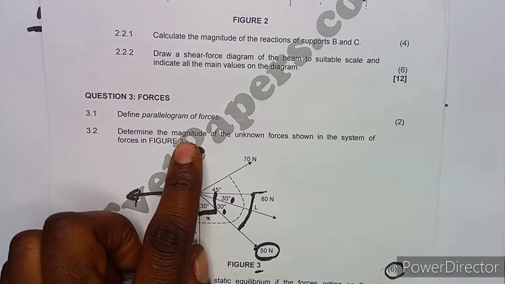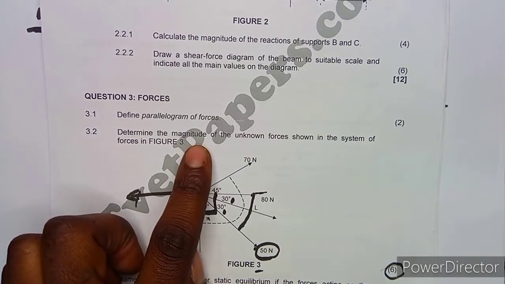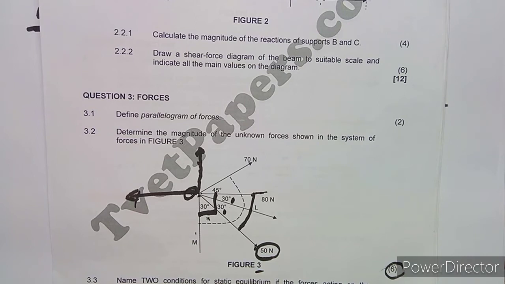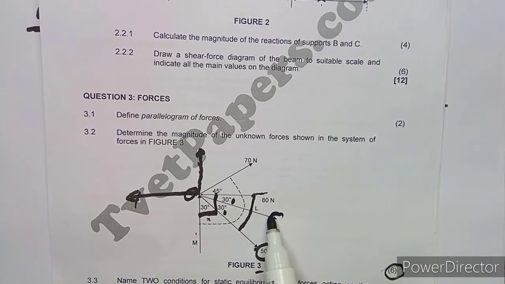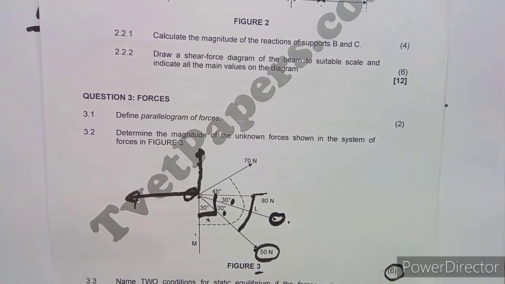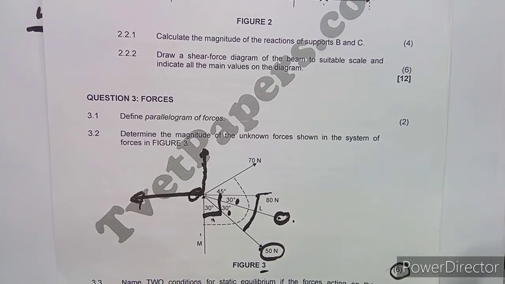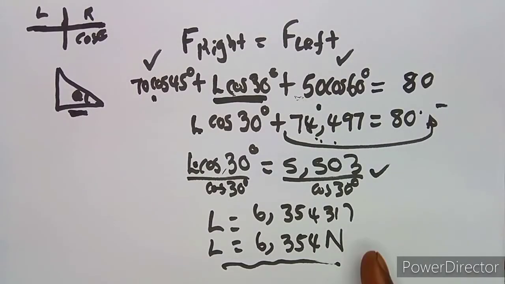The magnitude has nothing to do with the sign, so there's no need for you to write that negative. It's the same thing with L. You can see that our L on the diagram is supposed to be a negative because of the direction where it is, but we are not going to consider that negative. We are just going to take the magnitude of the force. That is why when I was equating this, I didn't even consider the negative part.